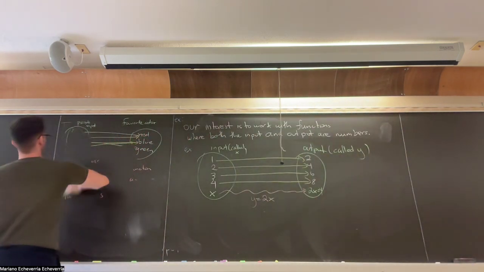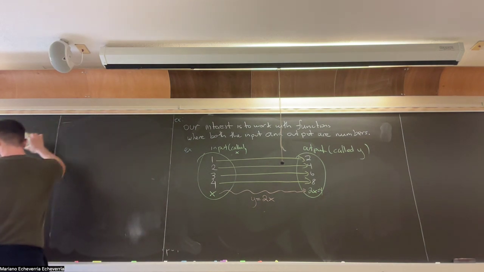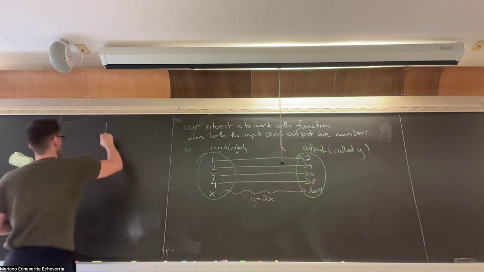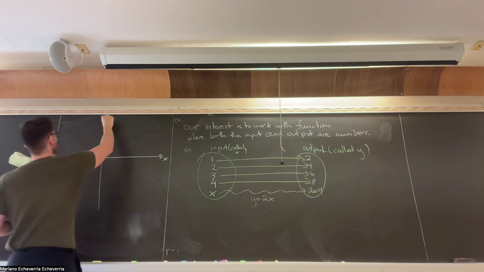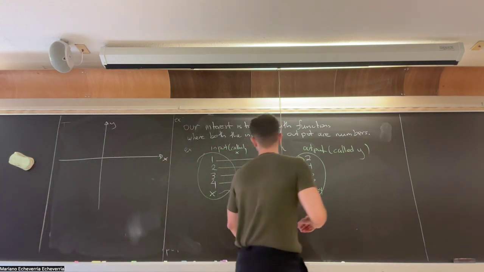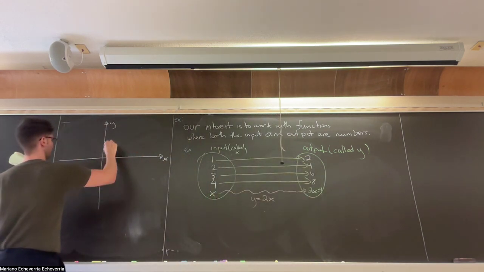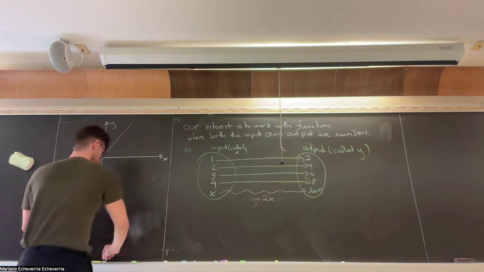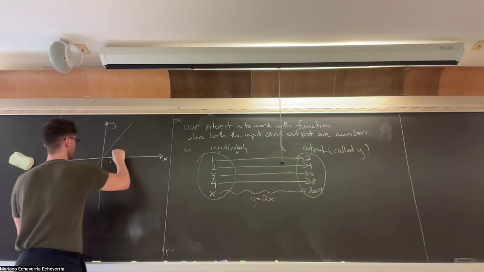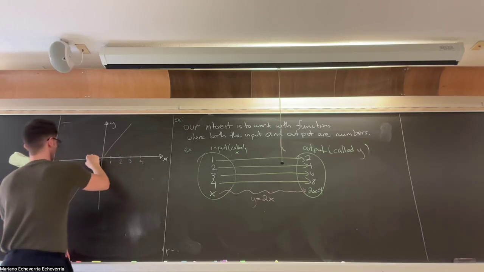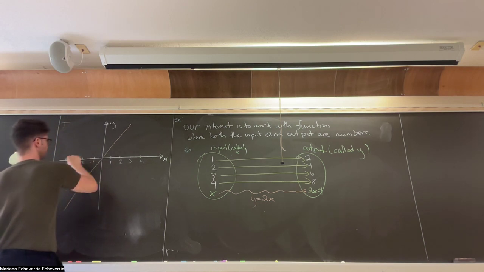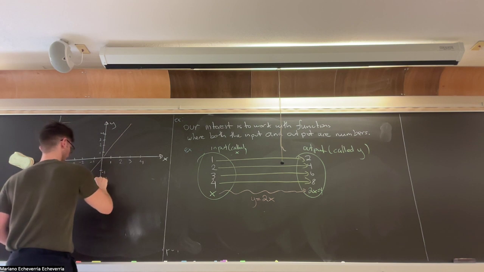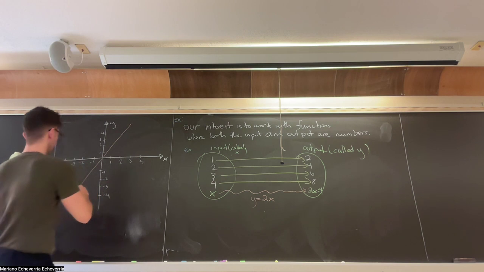So what is happening in this situation is that you have this line, Y equals 2X. I'll just do a couple of points.